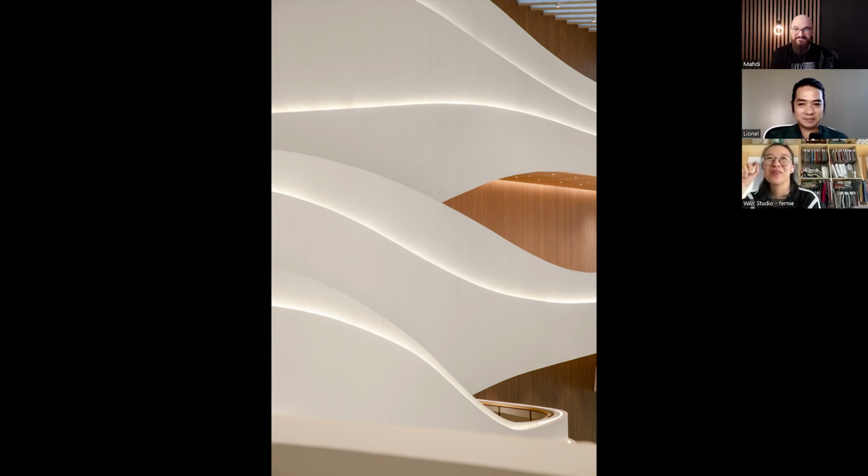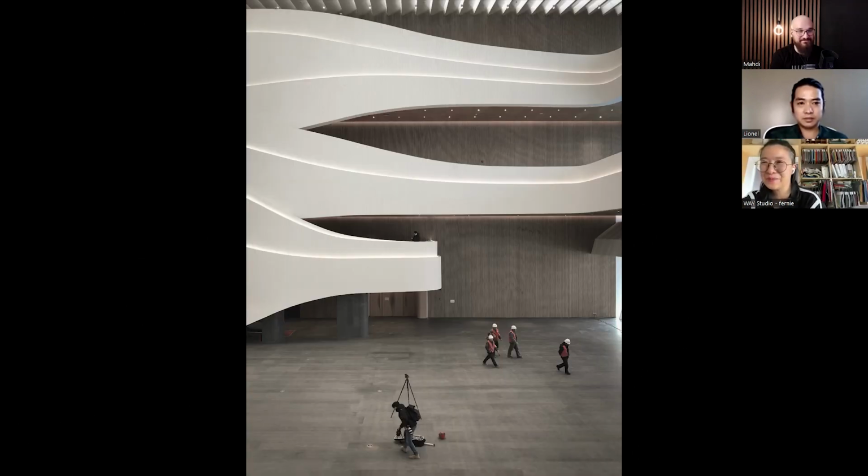So when we are working on the main space, we are aware that we should keep flexibility for users. And what's good about this is that you have this large atrium where you can also display very large art pieces, in contrast to a typical exhibition space.